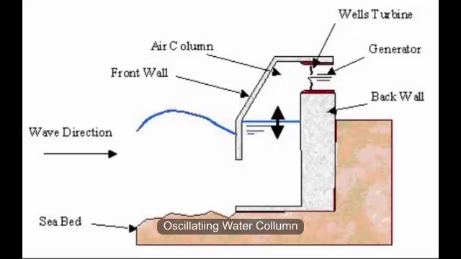So when the amplitude is high, the water will fill the column and the air will be forced up, which would cause the turbine to spin and generate electricity. Coincidentally, when the amplitude is low, the water level will retreat, air will be sucked back down into the column, and this will also cause the turbine to once again spin and generate electricity.